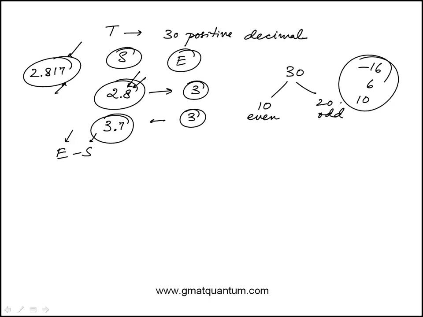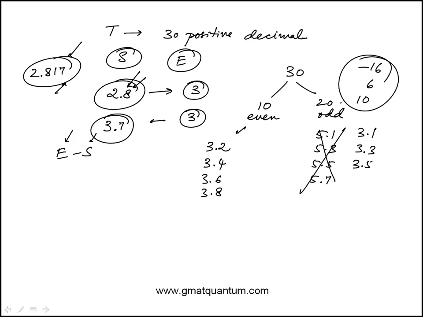So for example, the 10 even, all those numbers could be, say, 3.2, or I'm just going to consider some possible examples, 3.6, 3.8. Here they're all even. And for the odd ones, it doesn't matter, say 3.1, 3.3, and then we have 3.9.